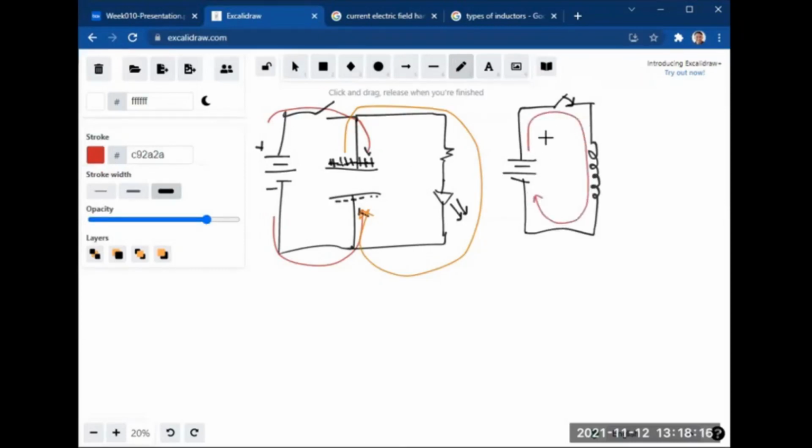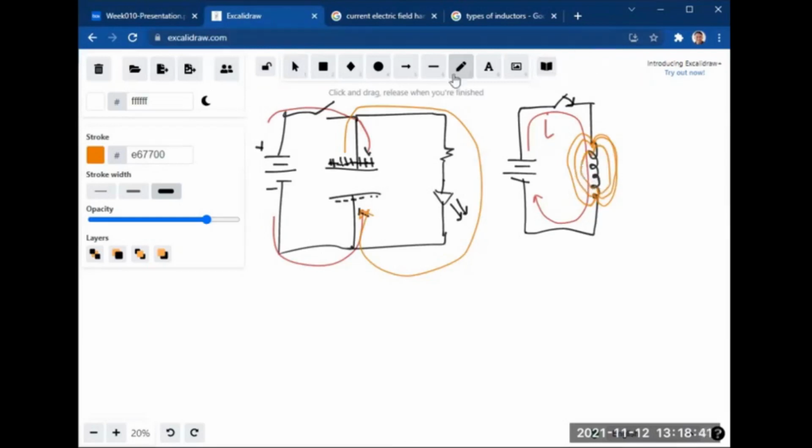What happens now is this current that passes through the inductor produces magnetic fields. The magnetic fields are being produced around the inductor. This magnetic field is the energy that is being stored.